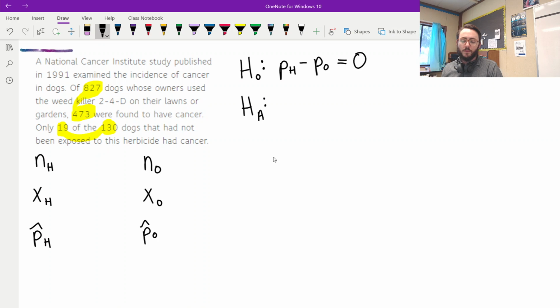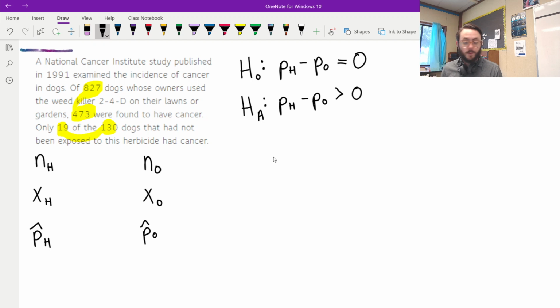There is no difference between them. They are the same. Our alternative hypothesis, wanting to see if this herbicide weed killer increases cancer risk, means the difference between P sub H and P sub O should be greater than 0.